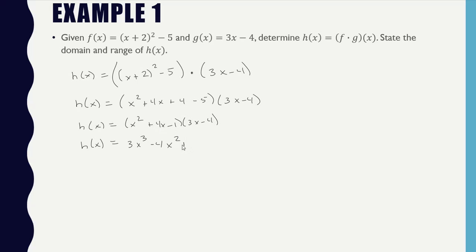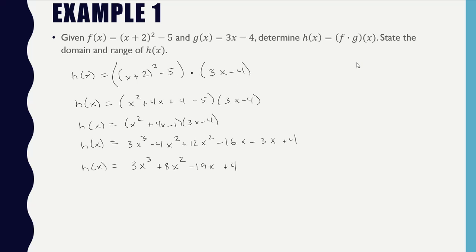And then we get 12x squared, and then minus 16x, and then minus 3x, and negative 1 times negative 4 is positive 4. So we should combine all of our like terms. So we got 3x cubed, and then for squared, it's negative 4x squared plus 12x squared, so we get 8x squared. And then negative 16 minus 3 is negative 19x plus 4. So this is our h of x then.